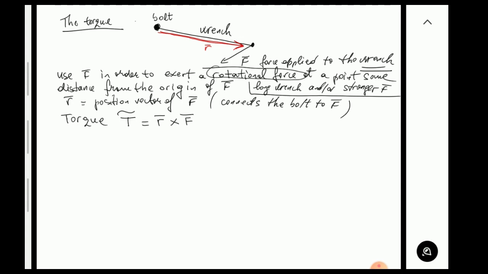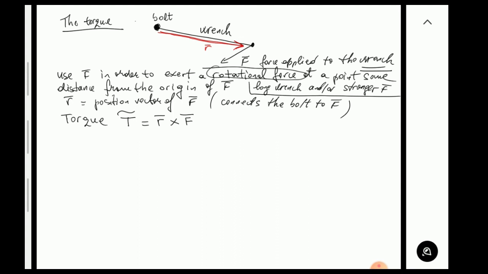Sometimes people are confused here because they remember from other classes that the torque is given by some product of some scalars. We'll get to that in a minute. But again, it's important to point out that generally speaking, that is how you define the torque. It's a cross product between the position vector, which is the point where the force exerts rotation relative to the origin of the force, and the force itself.